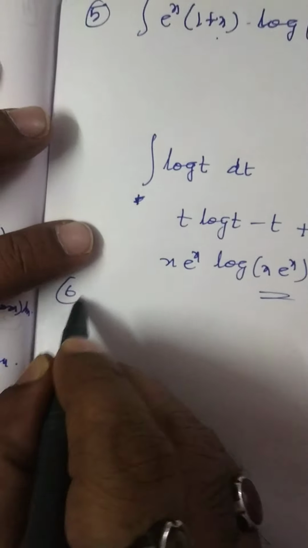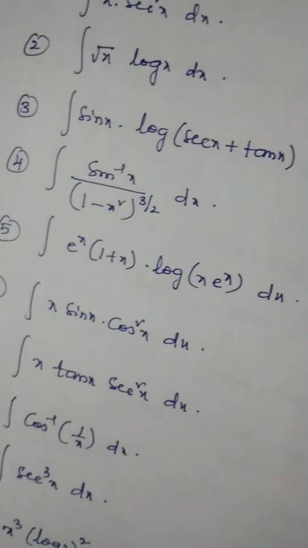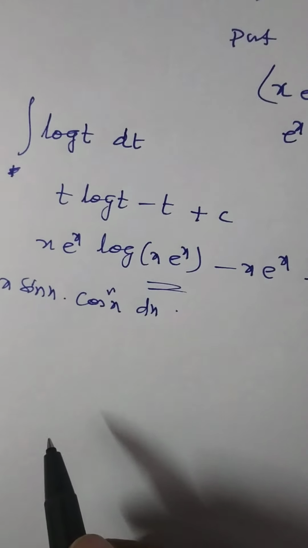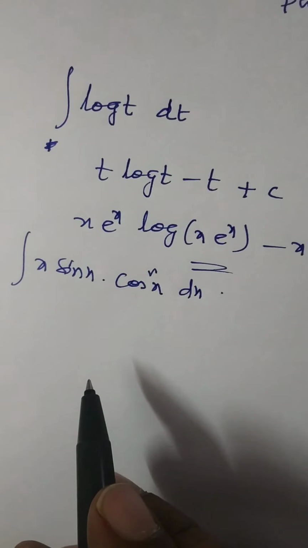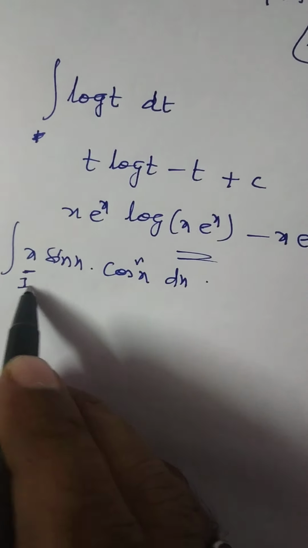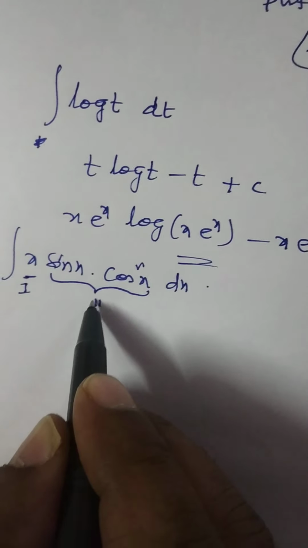So question number 6. We have integration of x into sin x into cos square x dx. Here again we have a product of three functions. So let us take x as the first function and this complete one as the second function.